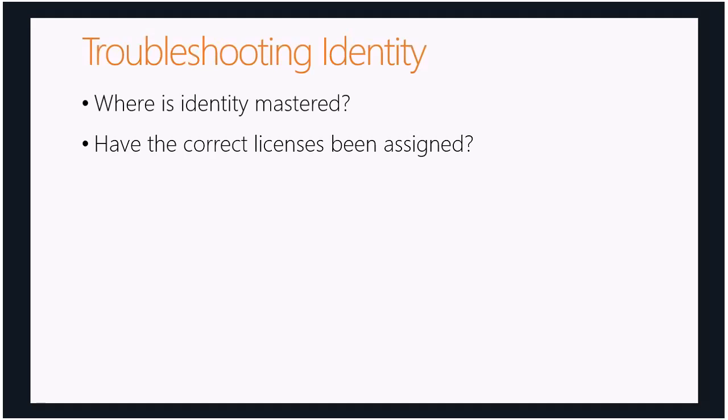And if they do expire, then you will get warnings. If those warnings are ignored, then obviously access to the services will no longer be available. So again, second thing I can give you here when it comes to identity is, as basic as it sounds, make sure that you go in and verify that the right users have the right licenses. And for example, users that have left the business have their licenses removed.